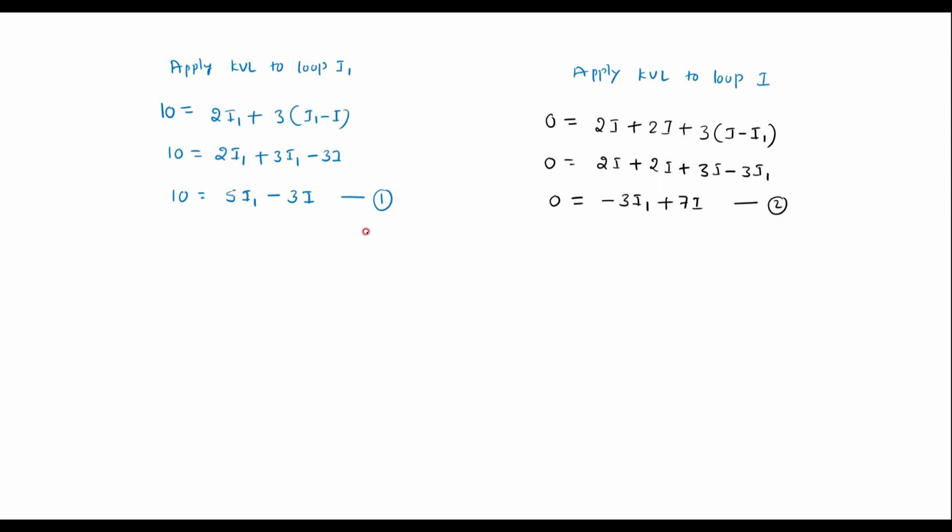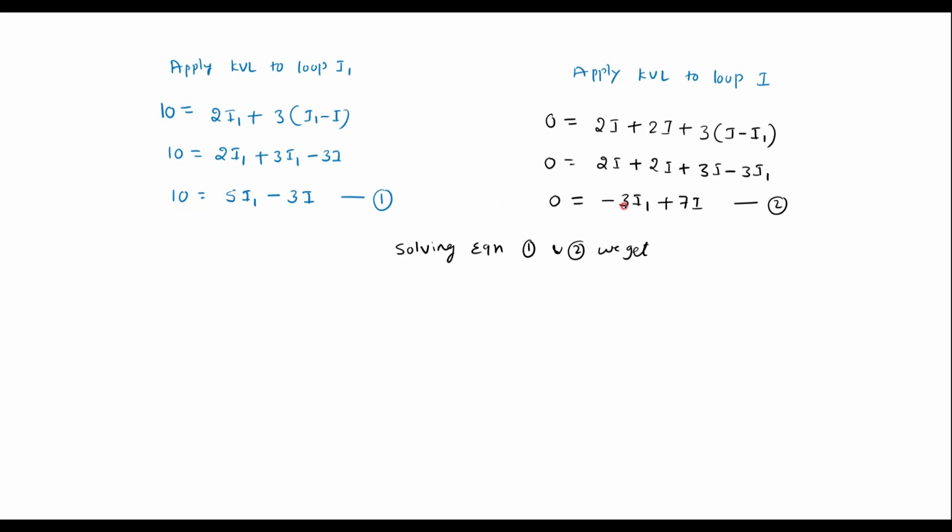So now solve equations 1 and 2. These two equations can be solved directly using a calculator. Keep the calculator in equation mode and choose two unknowns. Here we have two unknowns, I1 and I. The coefficient of I1 is 5, the coefficient of I is minus 3, and this value is 10.